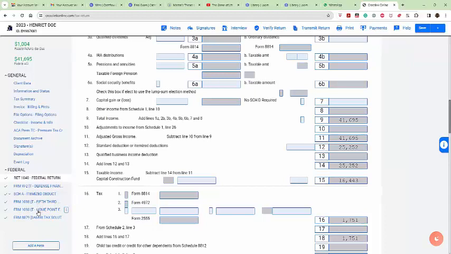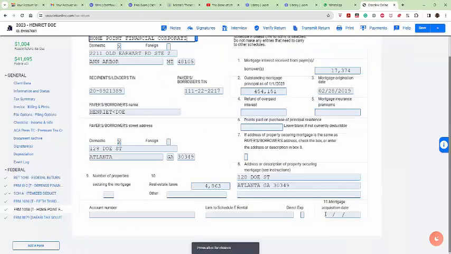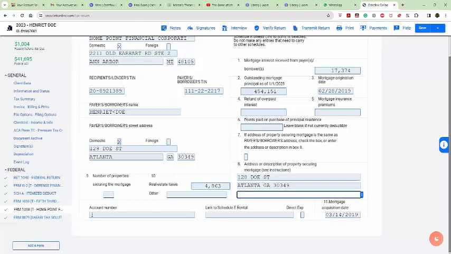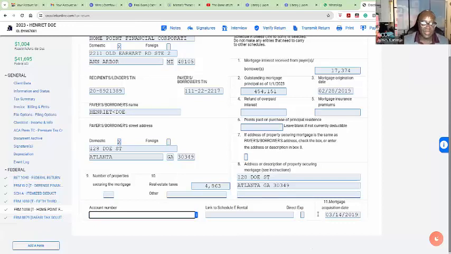On this new one, we have the mortgage acquisition date 03/14/2019, and yeah, the account number is not necessary. You don't have to put it. Okay, thank you. But if you want, you can just put it anyway, but it's not necessary.